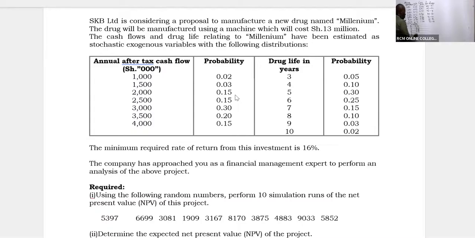Copy my figures at your own risk. 0.15. After that, I can see 0.10. After that, I can see 0.03, and then 0.02. So once you've been able to get probabilities, go ahead and give us cumulative probabilities.